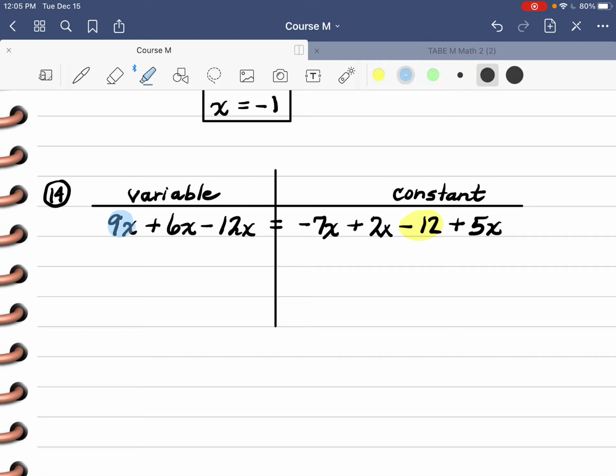We've got a bunch of them already. We've got 9 plus 6, that's 15. Minus 12 would leave me with 3 x's over here. And then on this side, we have negative 7 plus 2, that's negative 5, plus 5, that's 0 x's on this side, and negative 12.